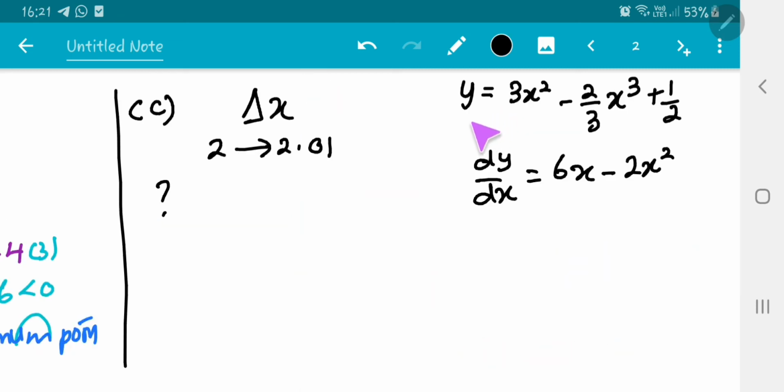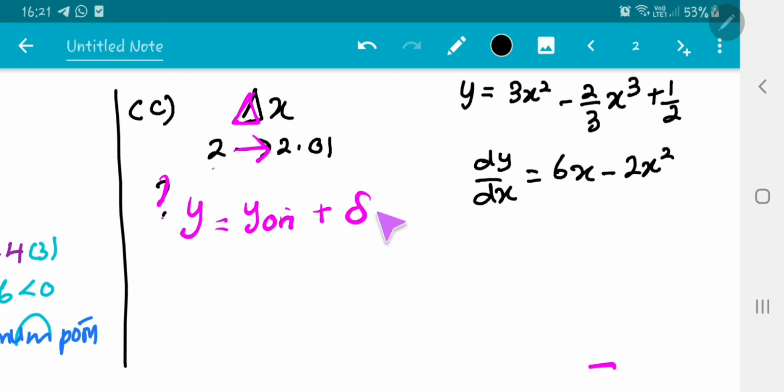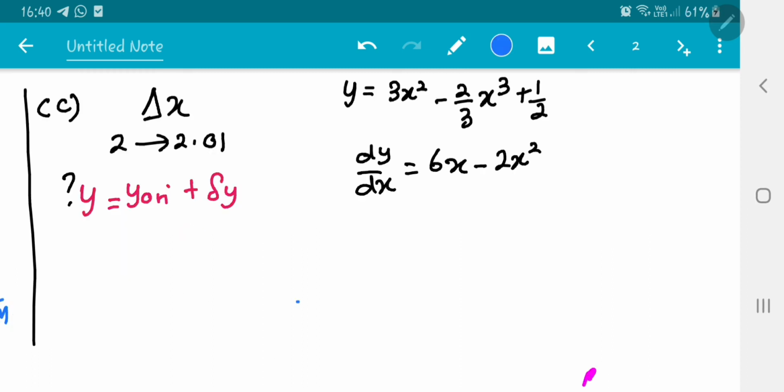The last part of the question: if x increases from 2 to 2.01, find the approximate value of y. Approximate value of y means that you need to find the original value of y plus the small increment in y. From here we can get the value of delta x. You take the value selepas perubahan tolak dengan value sebelum perubahan, which is the original value of x.